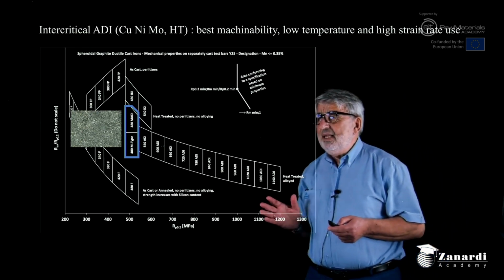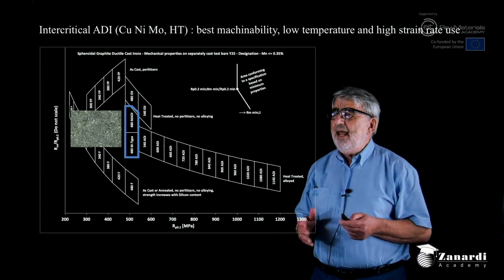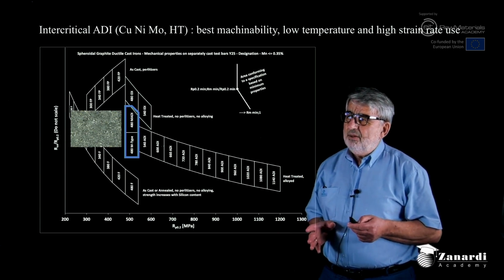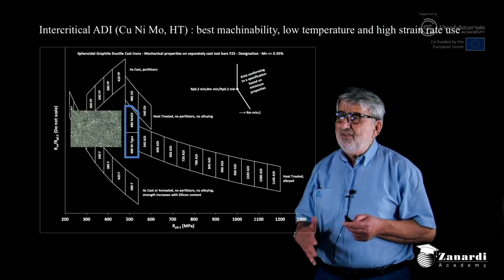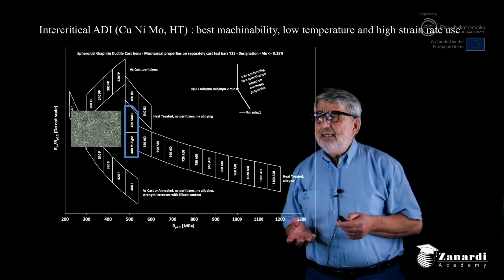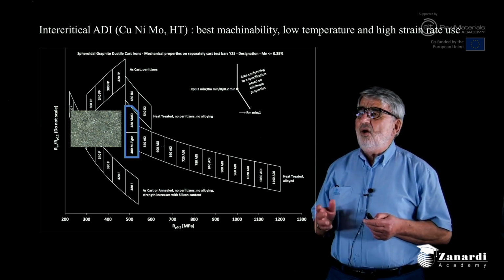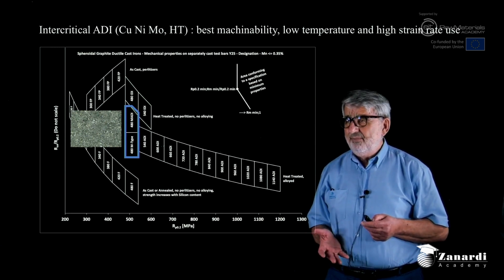Then we have the austempered ductile iron world, the ADI world, where we can distinguish the first grades, the lowest grade, 750, 800 megapascal ultimate tensile strength, that are achieved by intercritical austenitizing and then quenching into the salt bath.